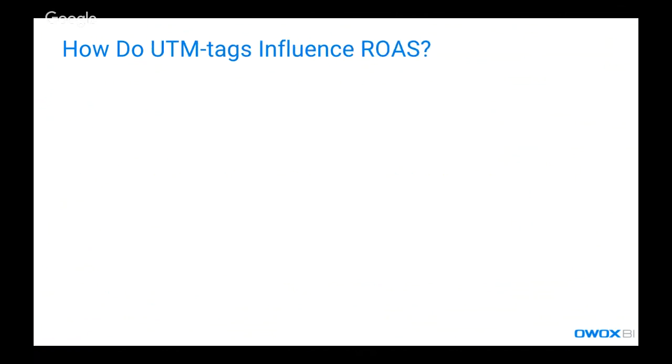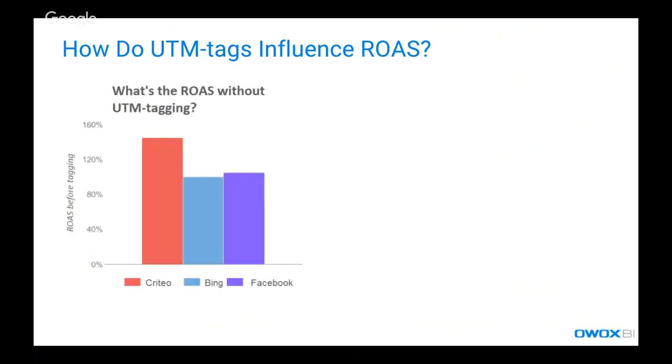Okay, and the next thing: tagging and ROIs, how it's connected. It's really important to understand the meaning and impact of ROI tagging. Here is a simple example of how ROIs look when you have some errors in UTM tagging.